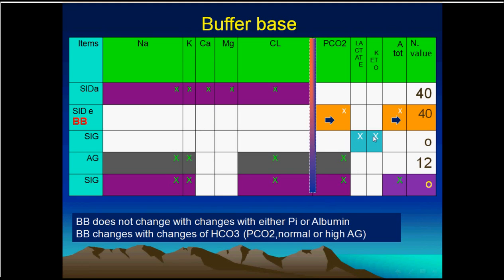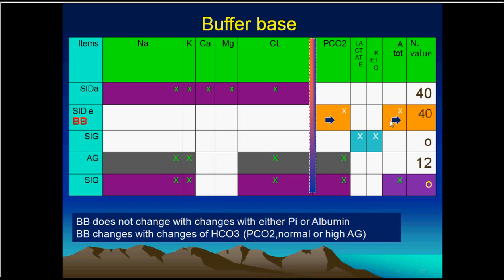Regarding the increase or decrease in buffer base, this is an important point. We have mentioned before that there is some sort of electroneutrality between the total weak acids and bicarbonate. An increase in the inorganic phosphate will be associated with a decrease in the bicarbonate, but the total together will be 40. Or a decrease in the albumin will be associated with an increase in the bicarbonate.